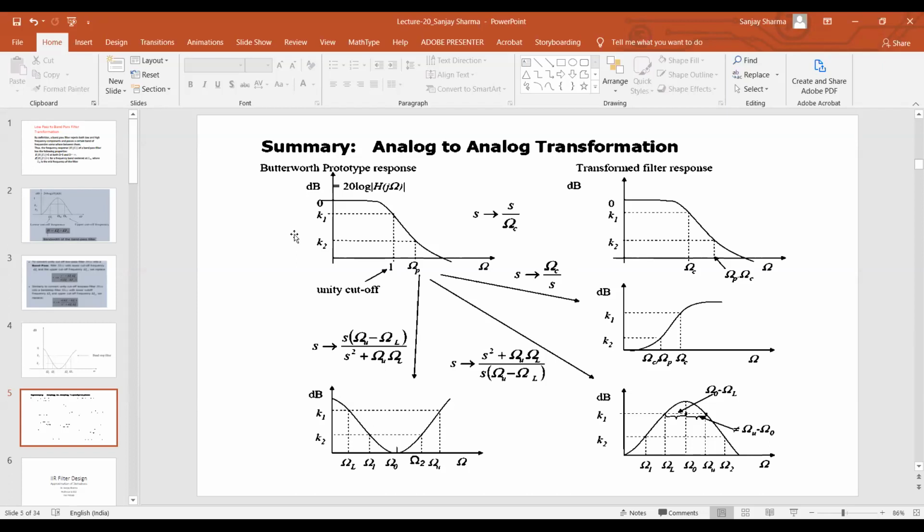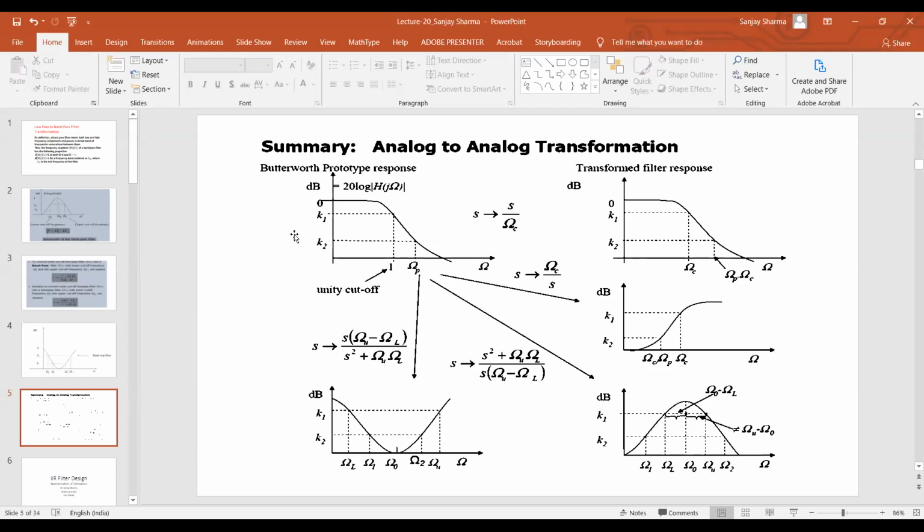But now we will study the techniques of IIR digital filter design. There are basically three techniques of IIR digital filter design. The first technique is approximation of derivatives.